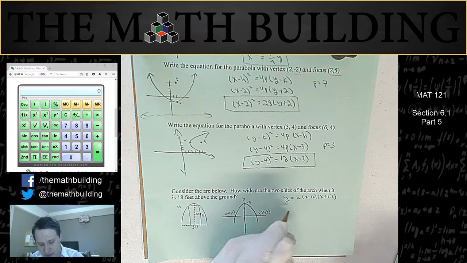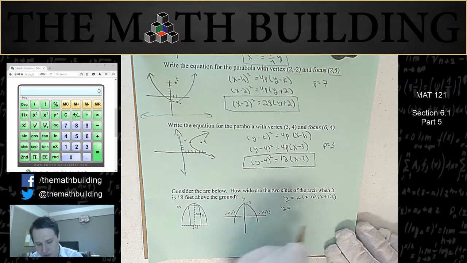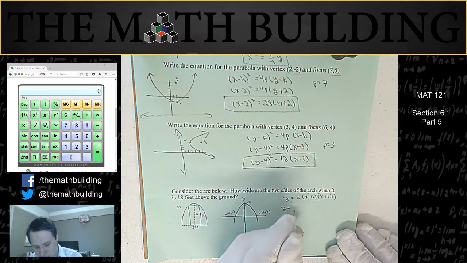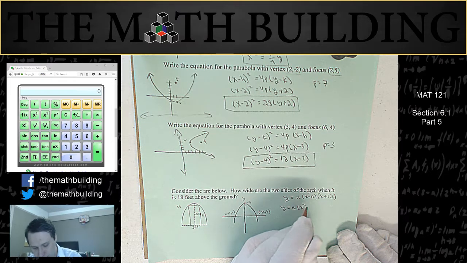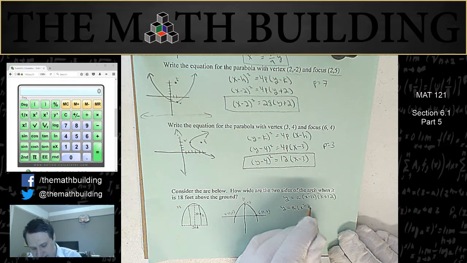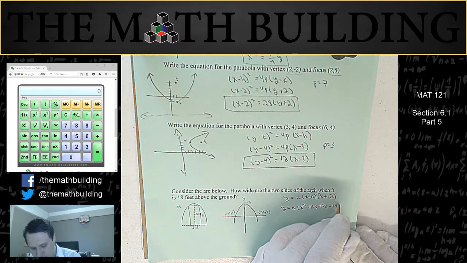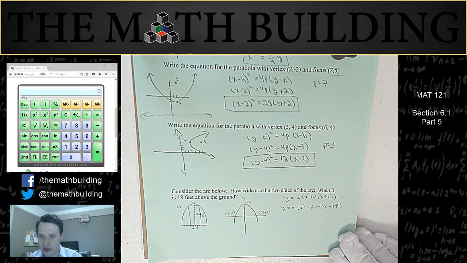So let's simplify this a bit. If we FOIL the right side, we get a times x squared plus 12x minus 12x minus 144. So there's our equation right there.